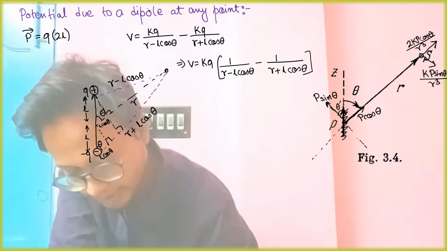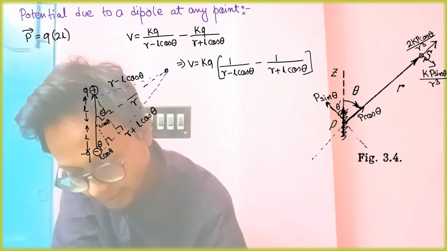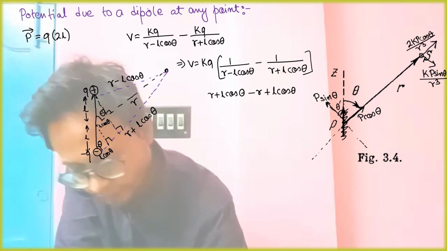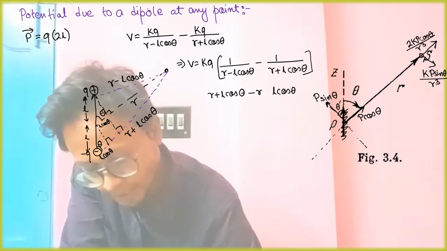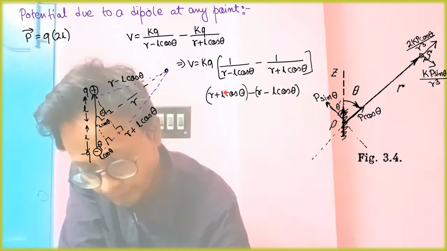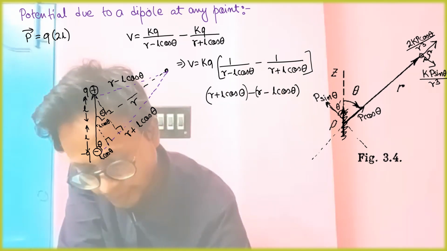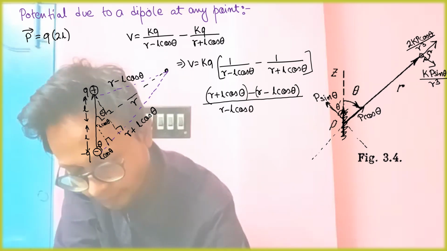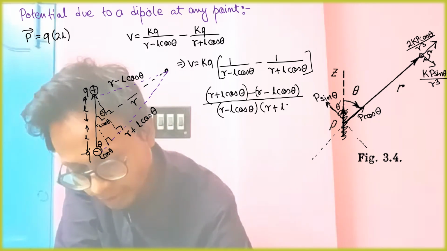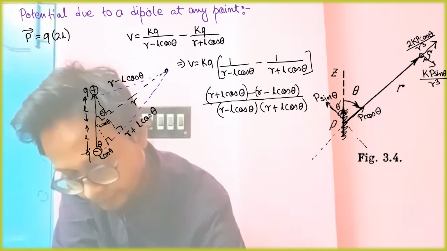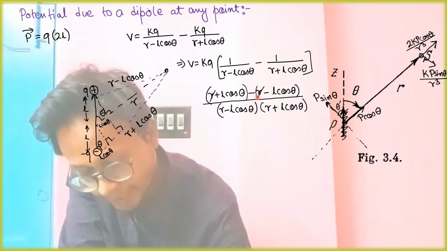Now if I simplify this term, it is nothing but R plus L cos theta minus R minus L cos theta, divided by R minus L cos theta into R plus L cos theta. I'm just doing it quickly. Here R and R get cancelled, minus and minus become plus.